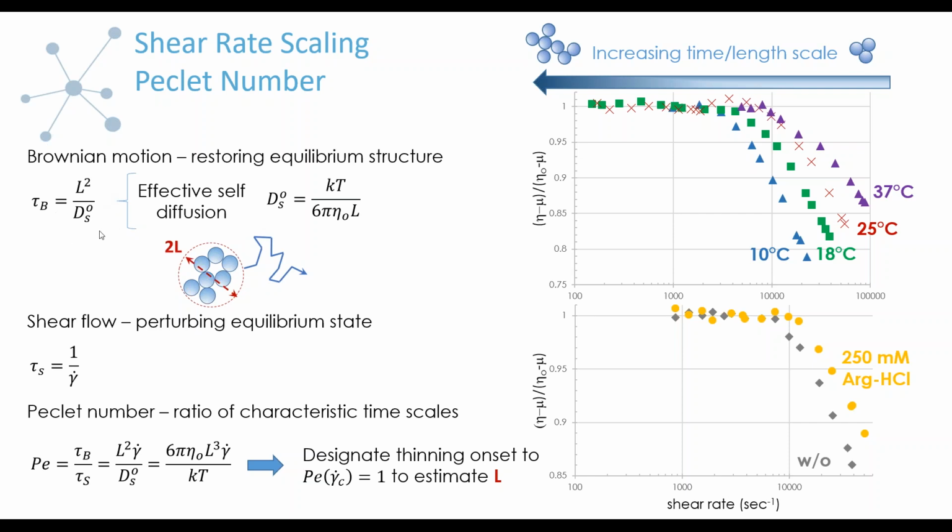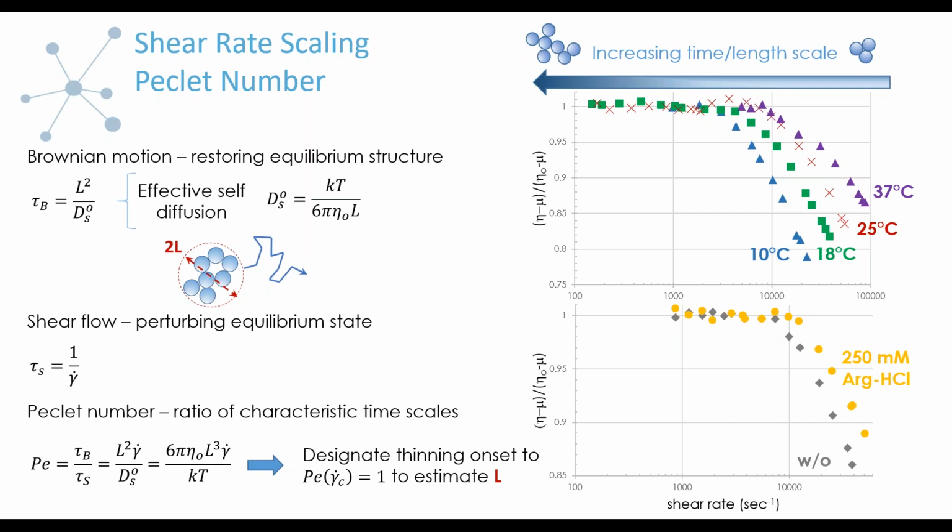And now we need to know how we are going to represent this effective self-diffusion. In the case of infinite dilution, you would just use Stokes-Einstein. However, because we're at 250 mg per mL, which is a very concentrated system, that's not entirely appropriate. So we want to somehow account for the fact that the motion is hindered due to all of the neighbors in this concentrated system.